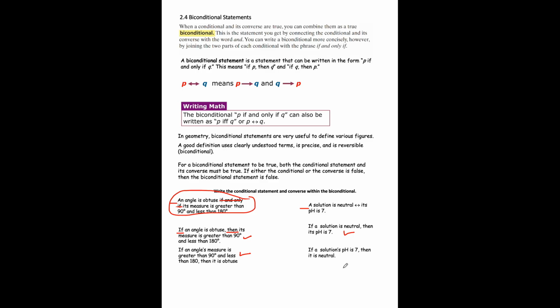You should not be writing if its pH is 7 in this sentence, because what is it? Every sentence should be able to stand on its own, so don't use a pronoun. The subject of this was a solution. The pronoun was used because it was already referred to in the subject at the beginning of the sentence. So if a solution's pH is 7, then it is neutral. You can use the pronoun since you've referred to it.